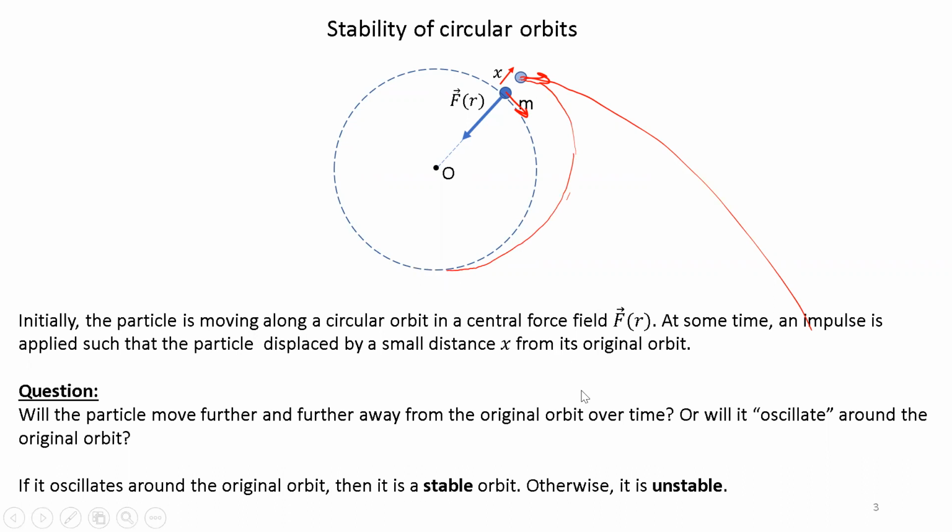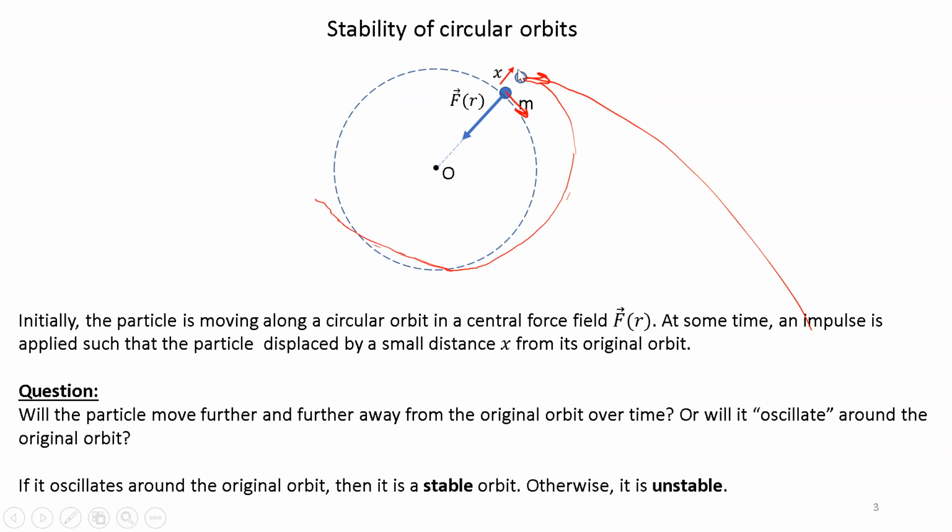The term I use is that it oscillates around the original orbit; it will be clearer what I mean by that. So, two scenarios: which happens? If it is the first scenario, I will say this is an unstable orbit.